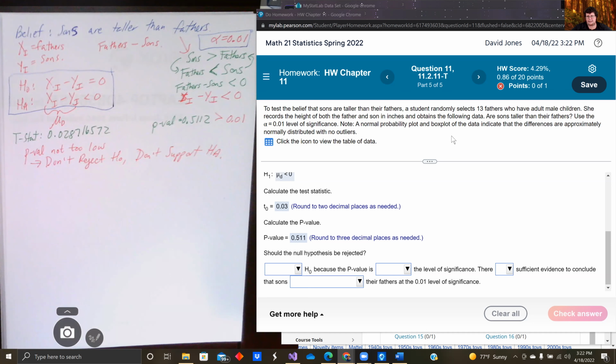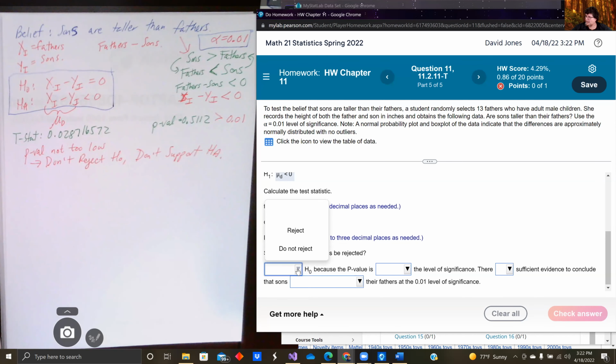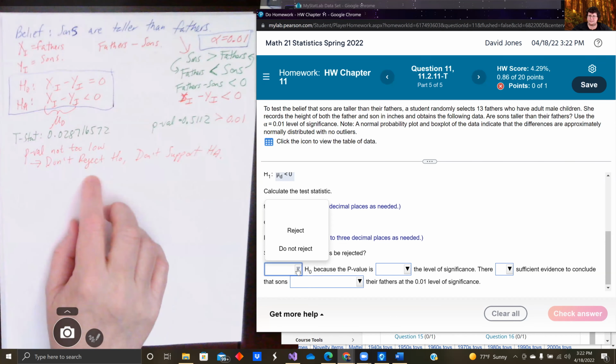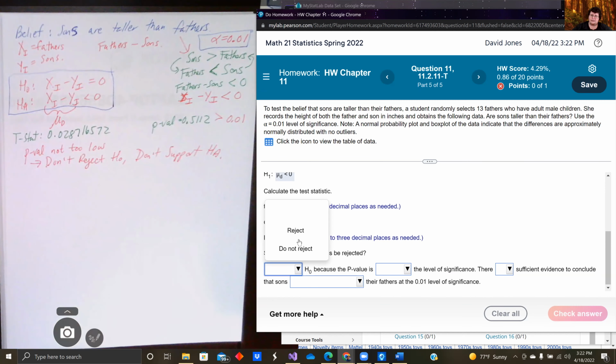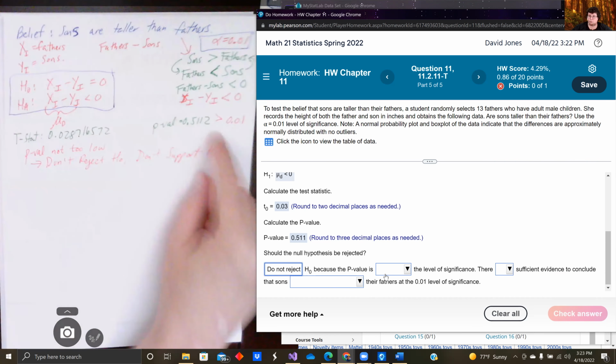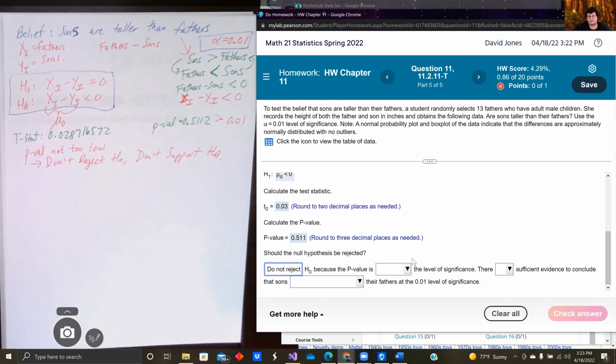So they want us to put that in. And we decide we're not rejecting H0. So it says H0 here. We're going to say we do not reject H0 because the p-value is greater than the level of significance.